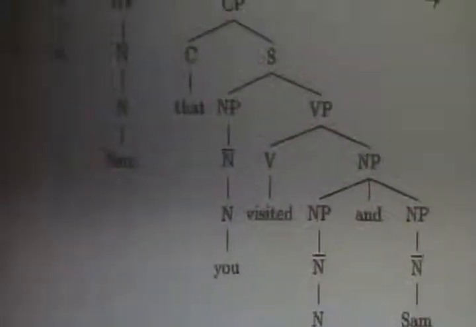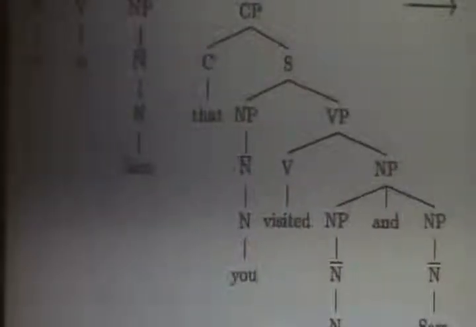This Sam up here shouldn't be there, so just pretend you don't see this. So here's an example where the cleft rule would have created this from something that looks like this, and the result is bad.